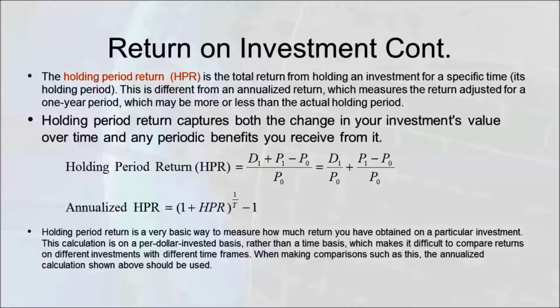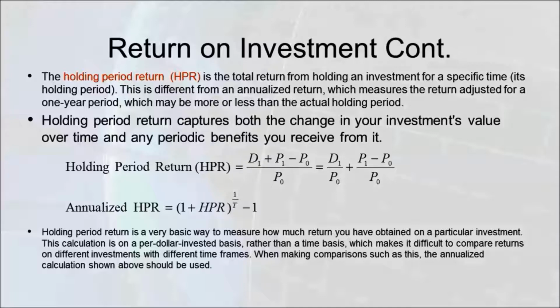One of the advantages of holding period rate of return is that it is calculated on a per dollar investment basis, so it's not on a time basis. It is easier to understand. It's a basic measure of return for a particular investment.